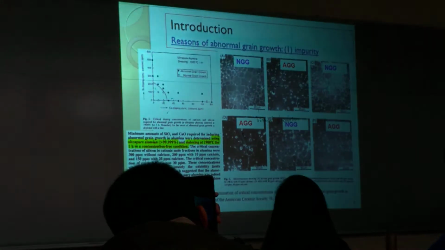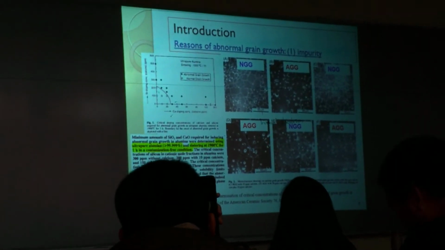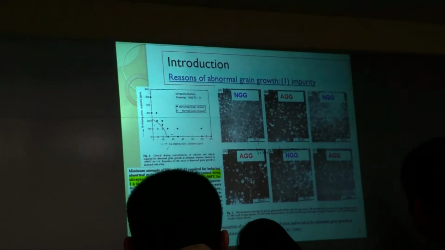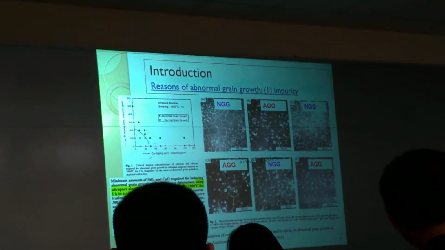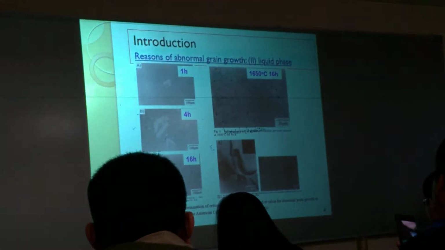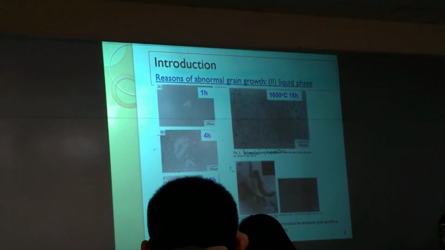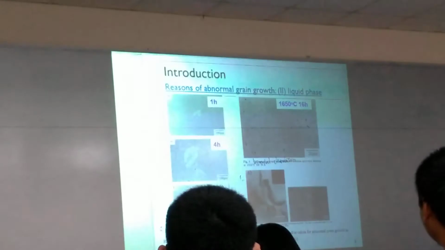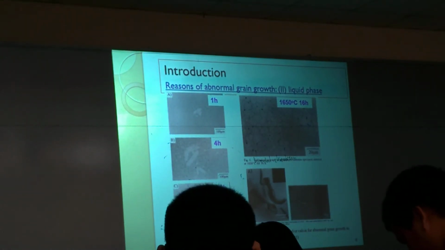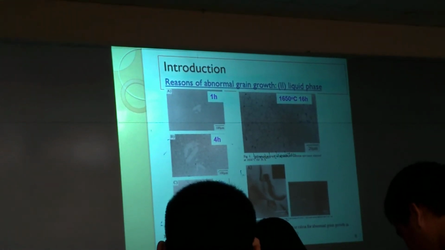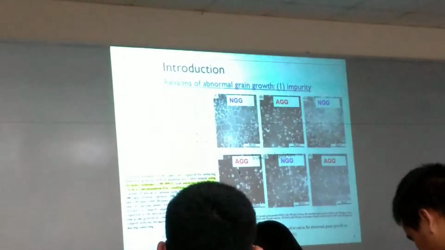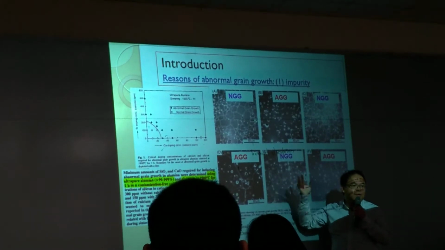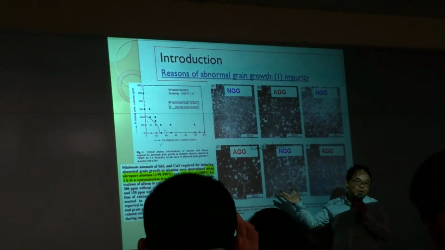Also very important, these are the 4 reasons for abnormal grain growth. The first reason is impurity. The second reason is liquid phase. Remember, impurity and liquid phase need to be non-homogeneously distributed. If your impurity is homogeneously distributed, every grain grows normally.